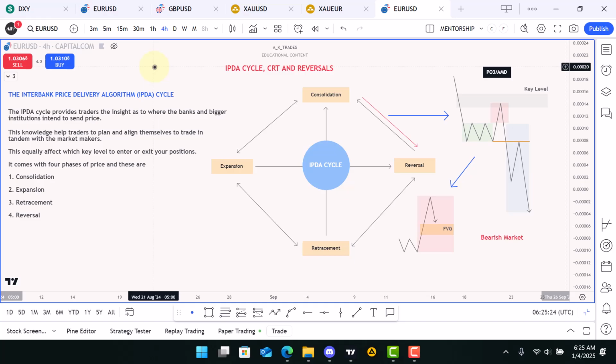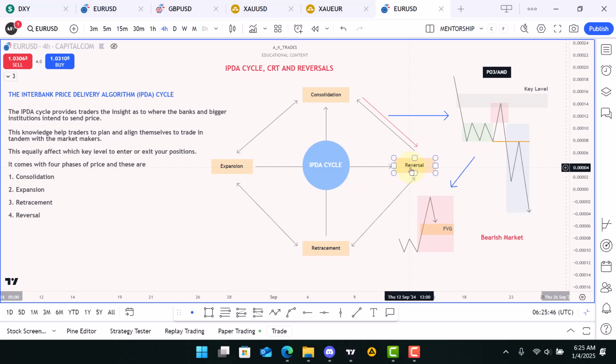Now, when we talk about the IPDA cycle, it comes with 4 phases of price delivery, and these are consolidation, from consolidation to expansion, from expansion to retracement, and from retracement to reversals.